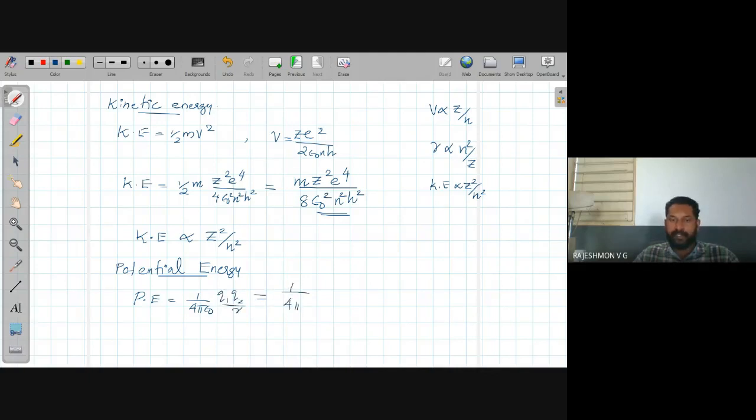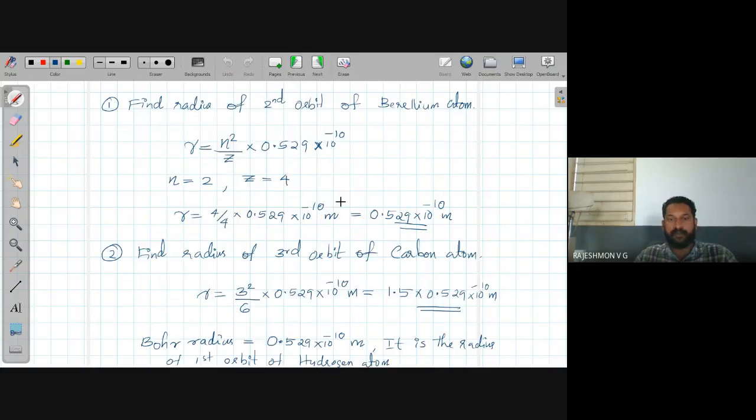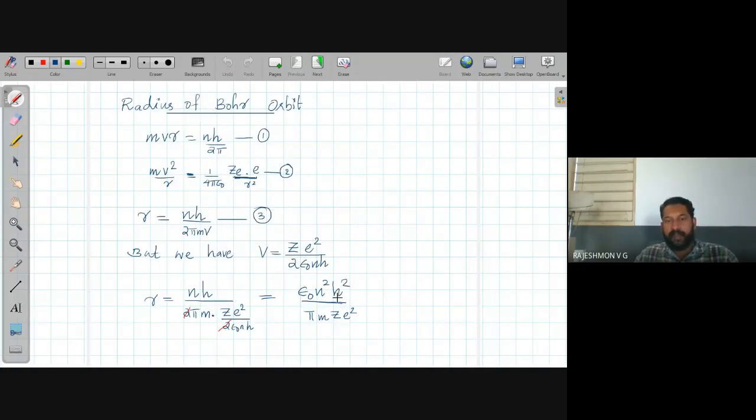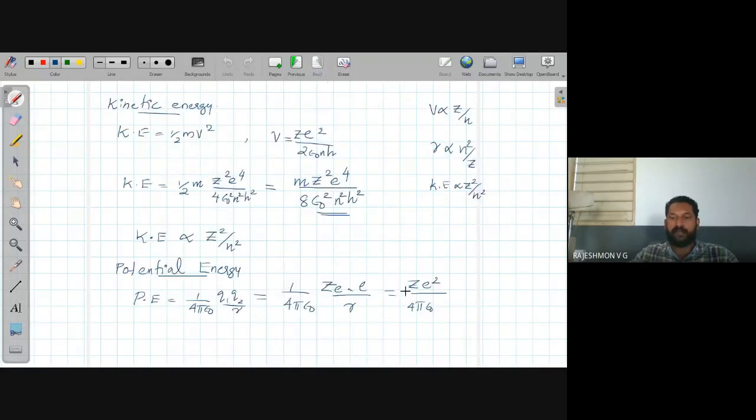In this case, the charges are respectively charge of nucleus Ze into charge of electron e divided by r. But this is Ze square by 4 pi epsilon 0. What is r? We already obtained expression for r as epsilon 0 n square h square divided by pi m Z e square.